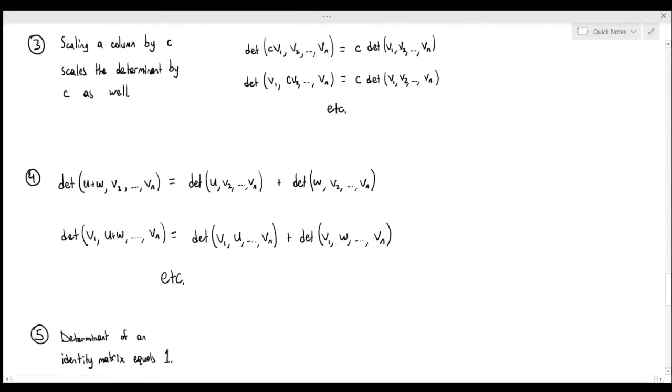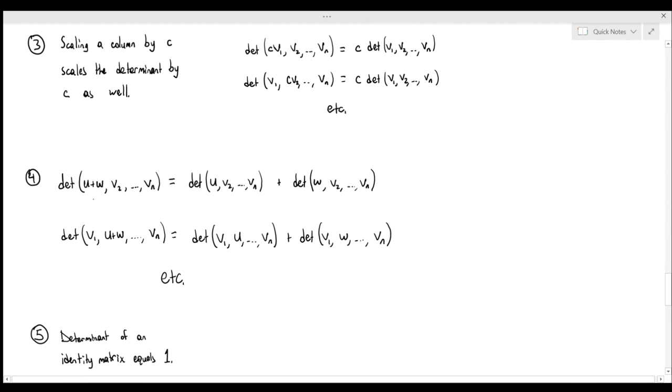This one I wasn't too sure how to write in words, but it's the distributive property of the determinant. So when I have u plus w, a sum in the first column, I can break it up as the determinant of u with the remaining columns, plus the determinant of w with the remaining columns.